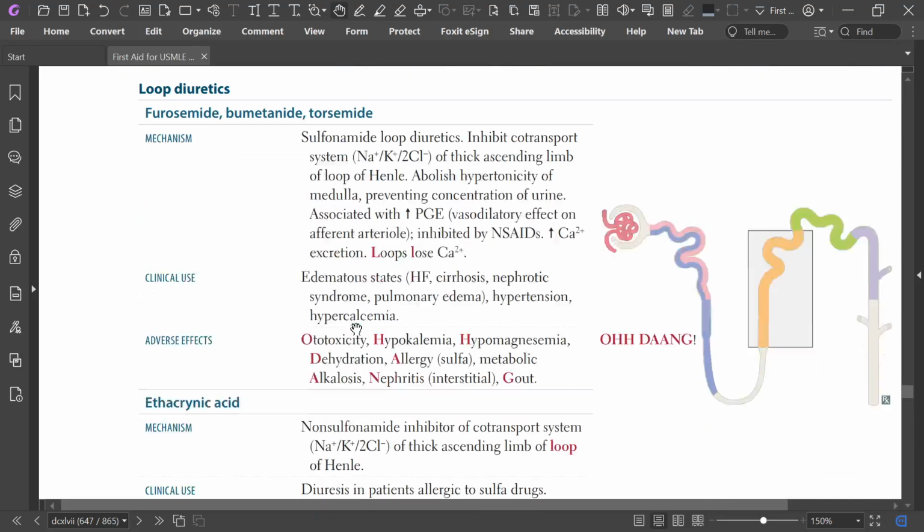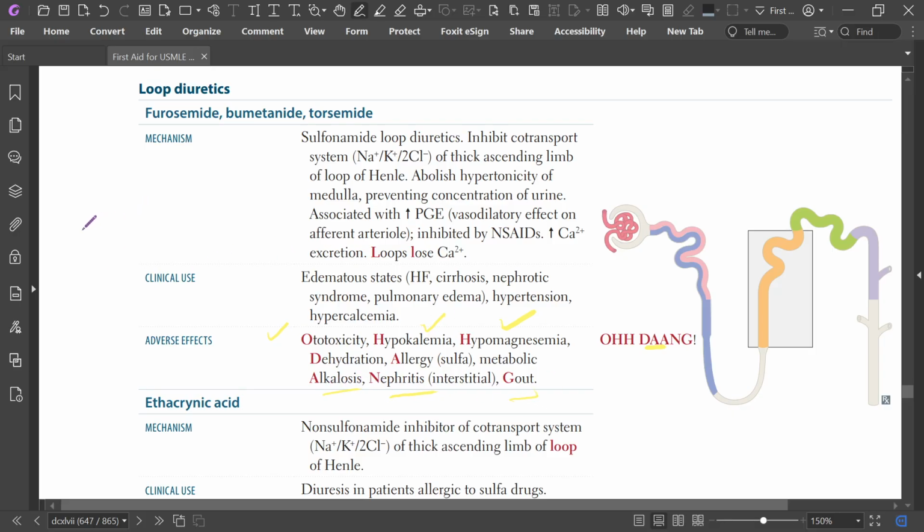Okay, now look here. If you wish to remember, you can. In loop diuretics, there is ODANG: ototoxicity, hypokalemia, hypomagnesemia, dehydration, allergy, metabolic alkalosis, nephritis and gout.